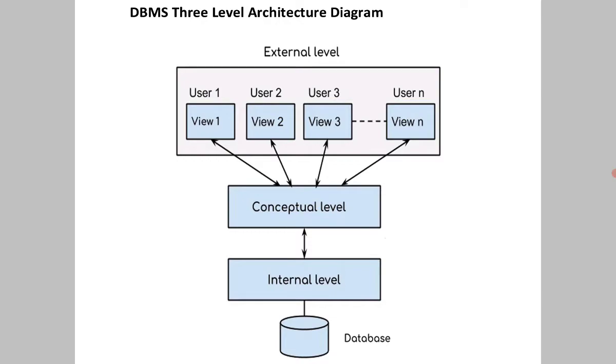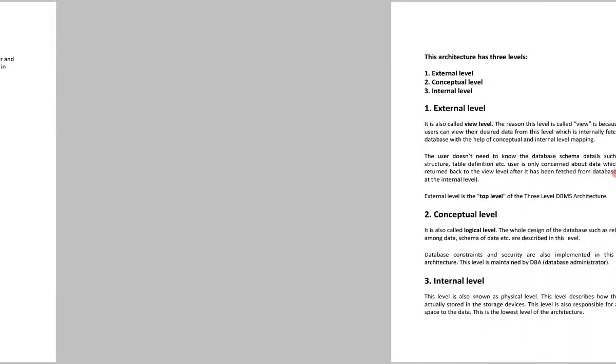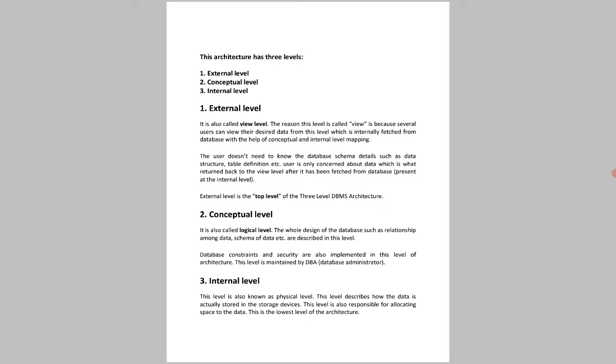Security issues and user level management, means different levels of users with different security levels, are generally defined at the logical or conceptual view. It is also called the logical view or conceptual view.